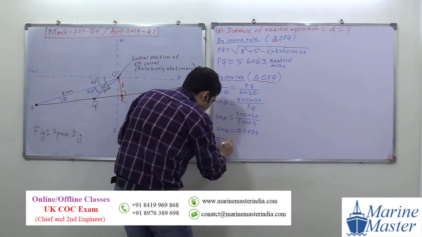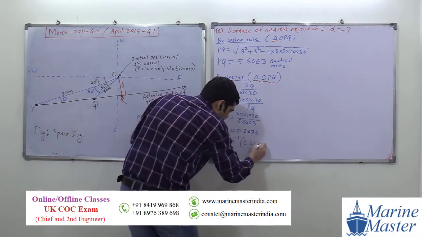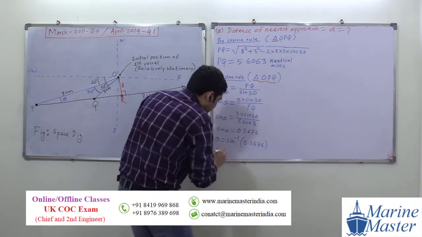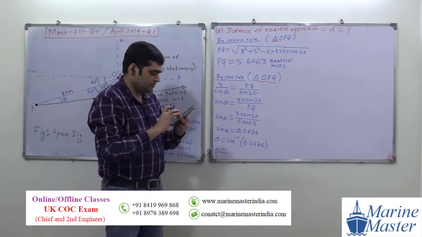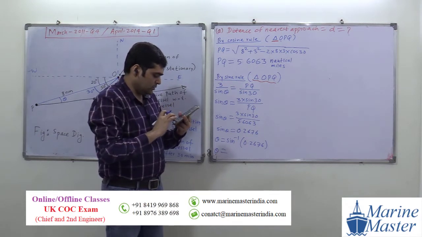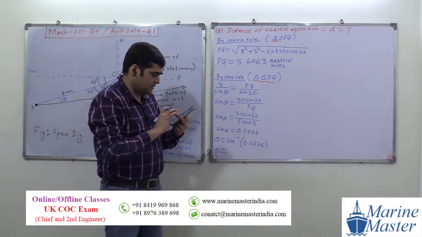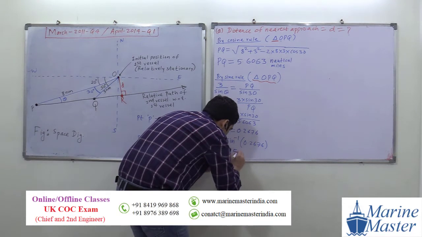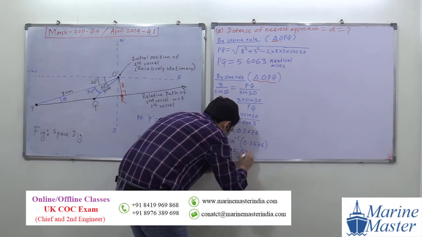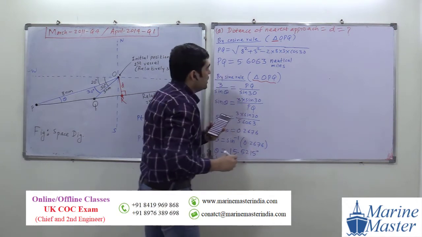So theta will be sine inverse of 0.2676, which is 15.5215 degrees. So we got the value of theta.